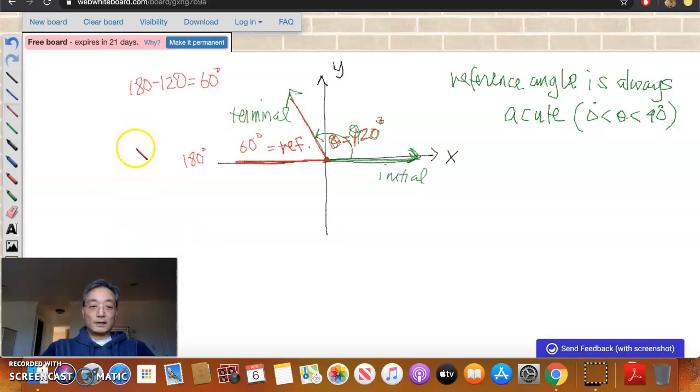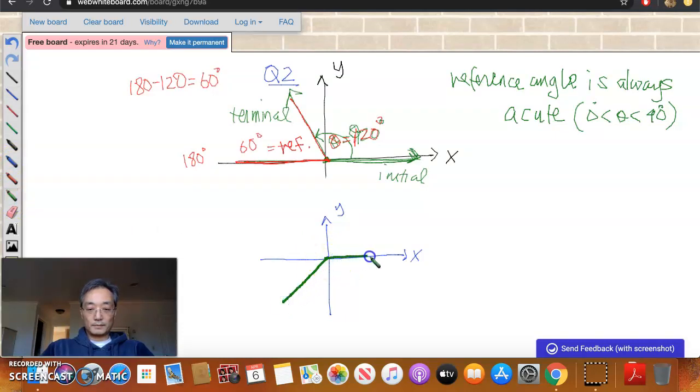Now let's pick another angle here. This is a Q2, quadrant 2 angle. Let's look at a quadrant 3 angle. Let me erase this part so we make some space. So let's say we have another angle, this time in the third quadrant. Here's x, here's y, and now I'm going to draw an angle in the third quadrant.